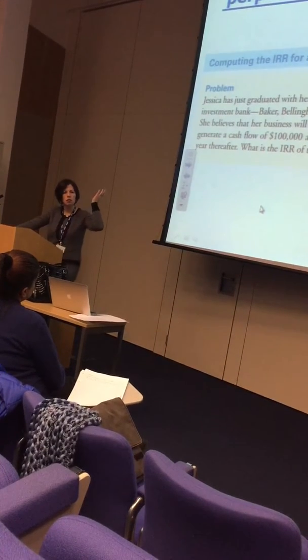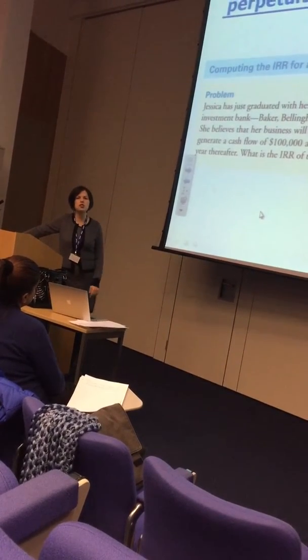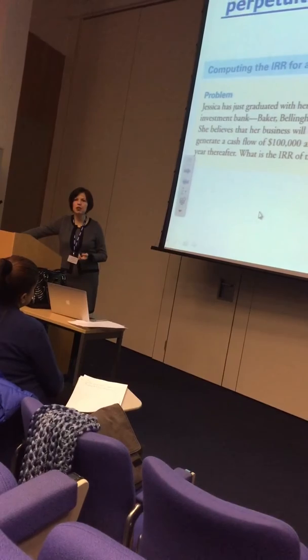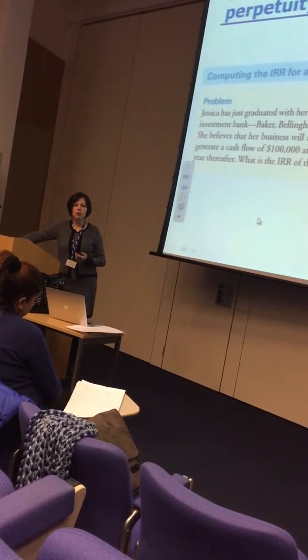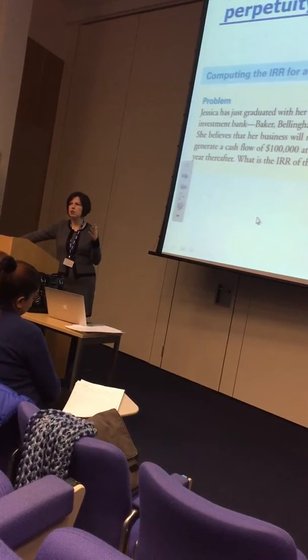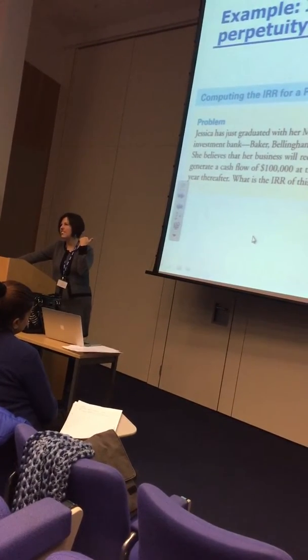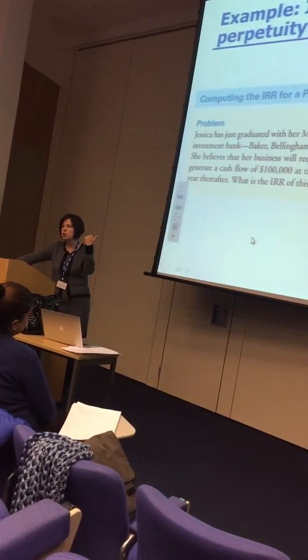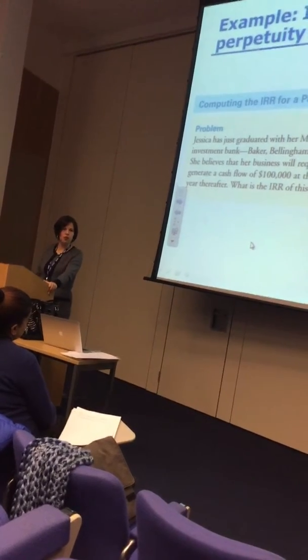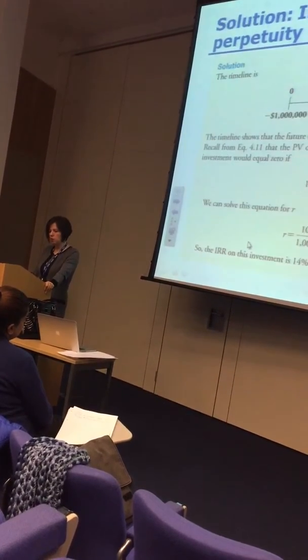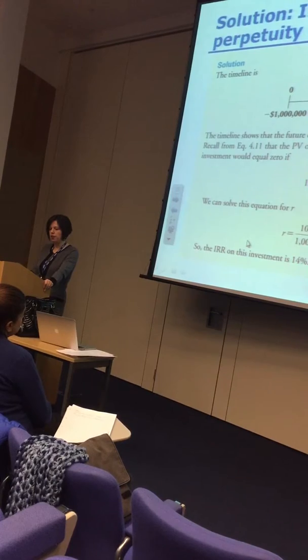Then knowing in absolute terms what it's generating may not be the most relevant information. If you have the alternative opportunity which is formulated in percentages, then you also want to know the answer in percentages. What's the percentage of return it's generating? That's why you would want to calculate the IRR.